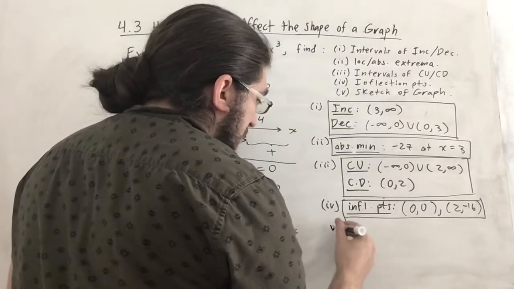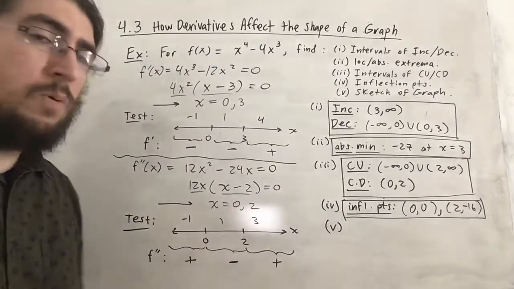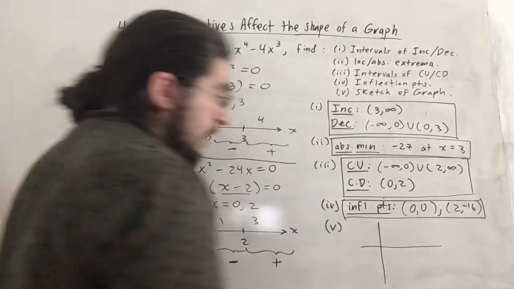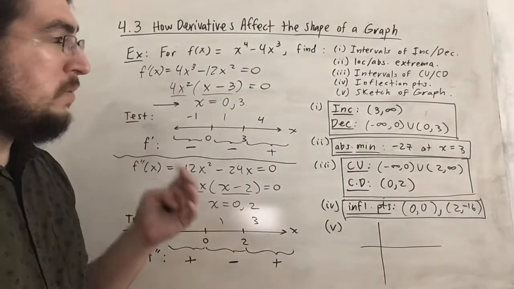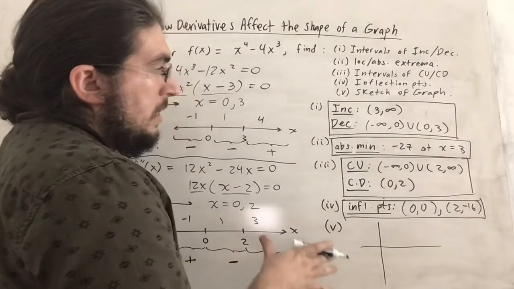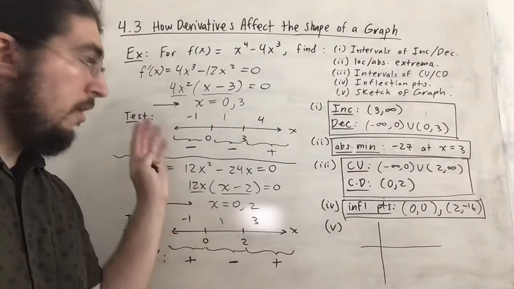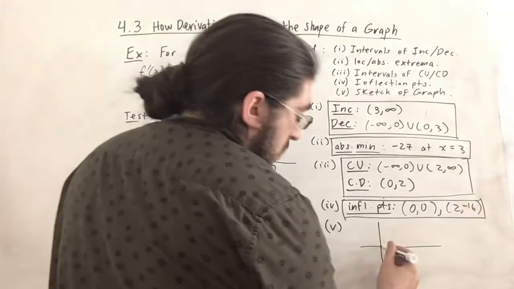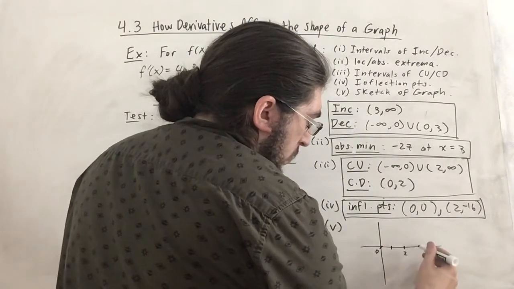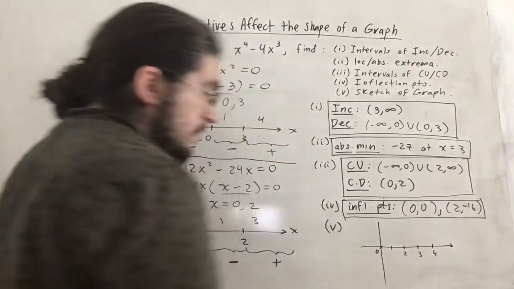And now finally for step 5, can we sketch the graph from all of this? I think we can. I'm going to try anyways. It may not be to scale, but there are a few points we care about. So the main x values we care about are 0, 2, and 3. So 0, 1, 2, 3, and let's just say 4 just for consistency.